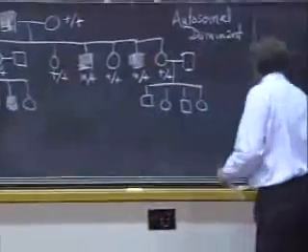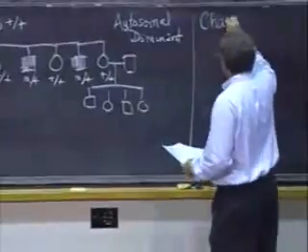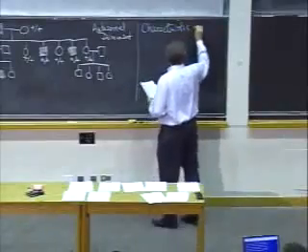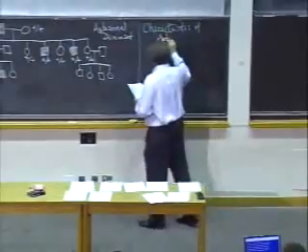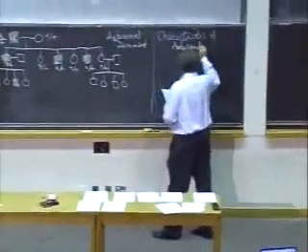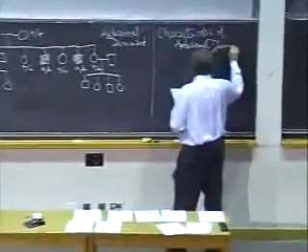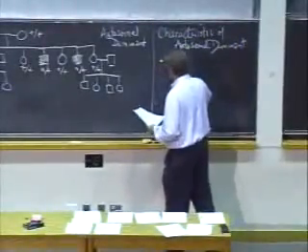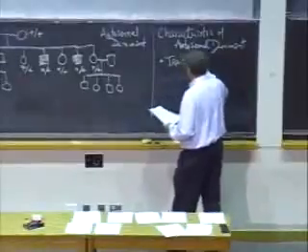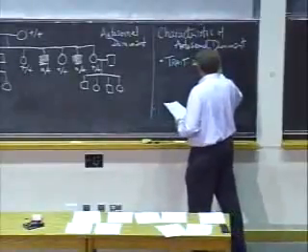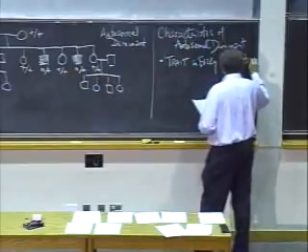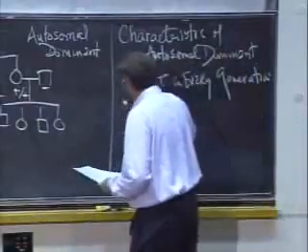So let's see what characteristics we have here. We see the trait in every generation. On average, half the kids get the trait.